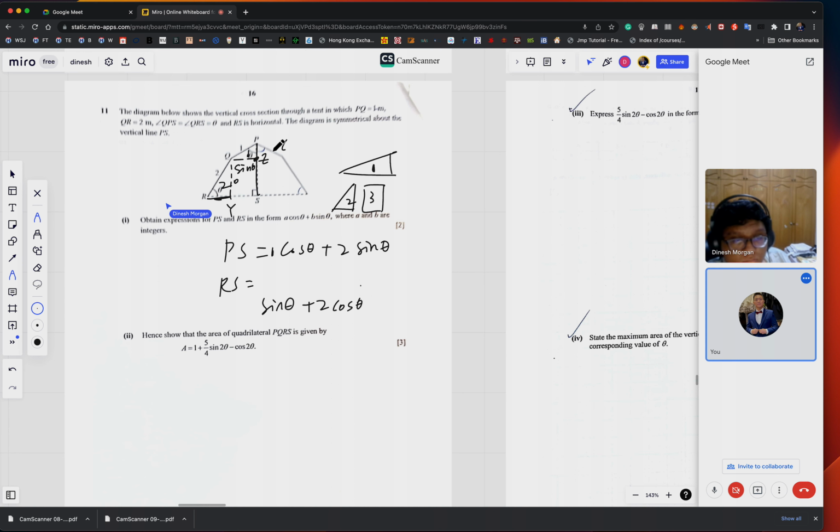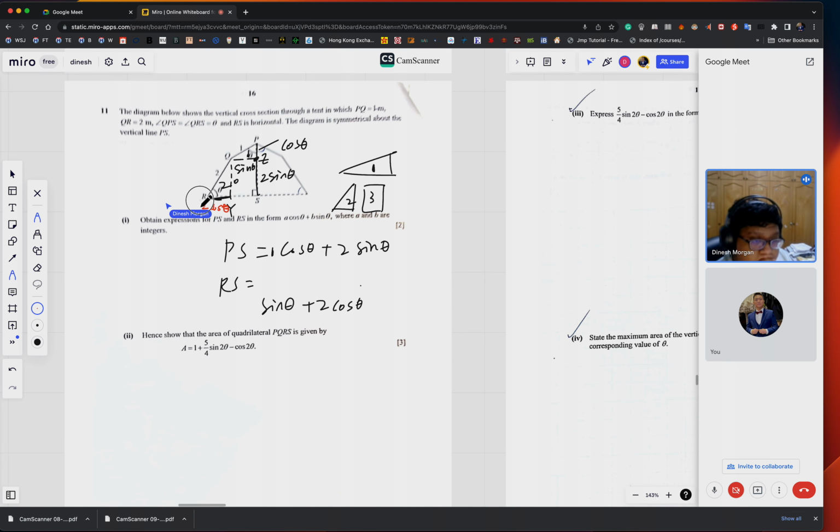So this is cosine theta, this is 2 sine theta. Let me choose a different color. If this is sine theta, this is 2 cosine theta.